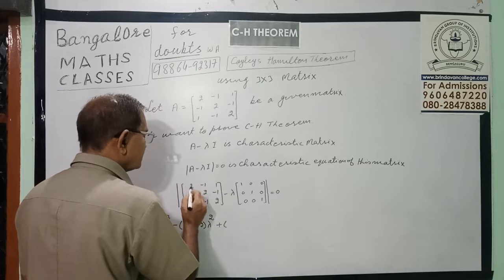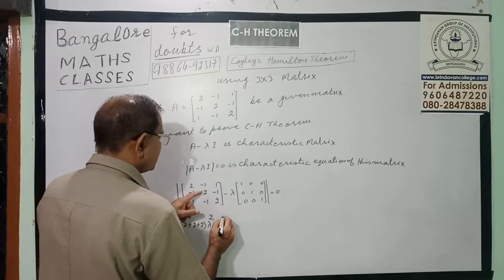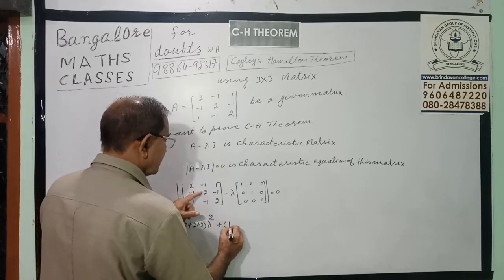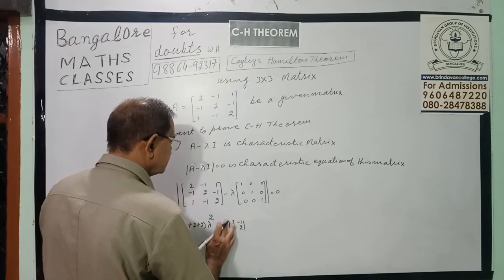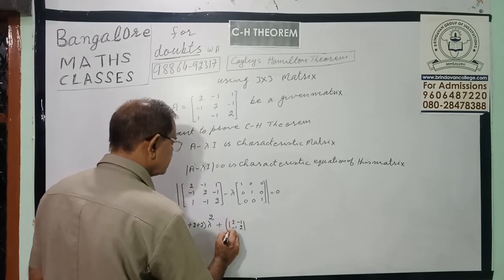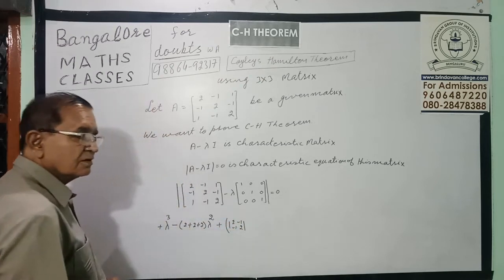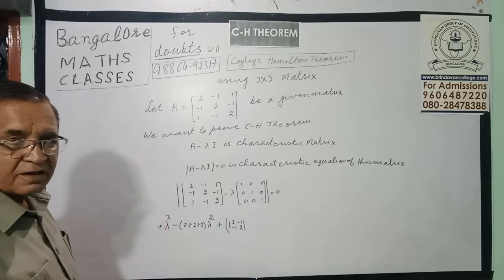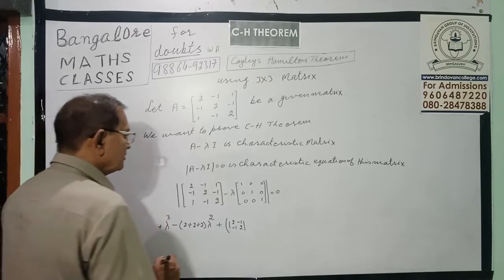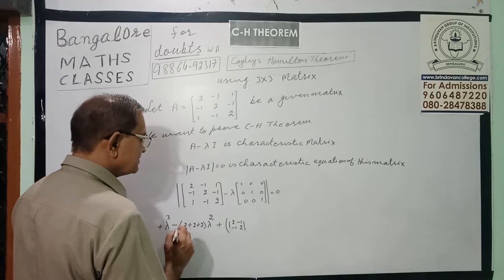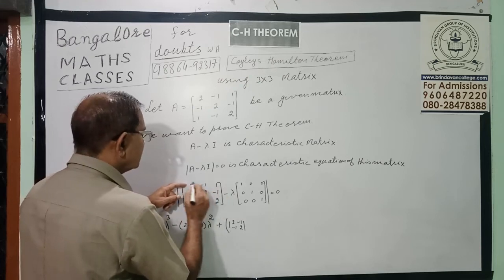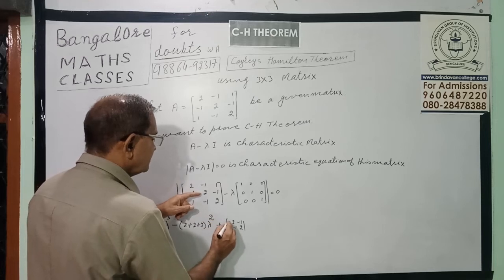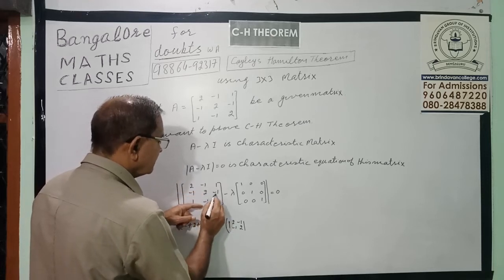I have explained minors already. I am going to write the minor of the principal diagonal. The simple diagonal means the principal diagonal. So the first element is 2, cut the row, cut the column, then the determinant of [2, -1; -1, 2].